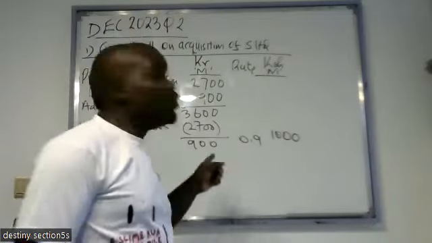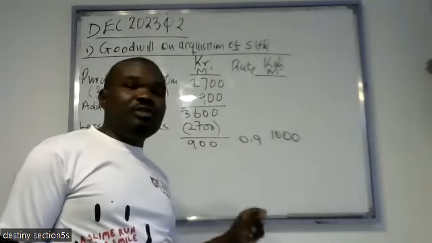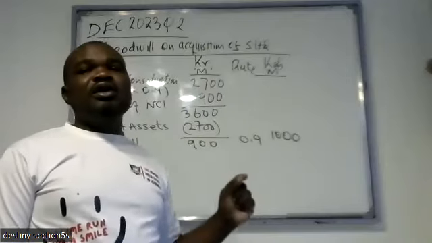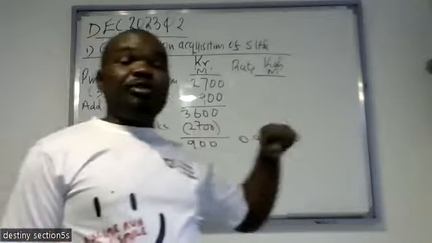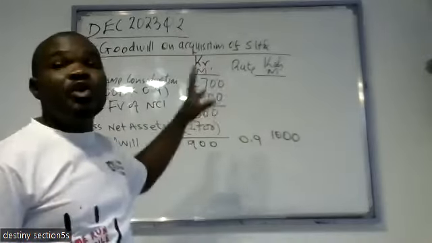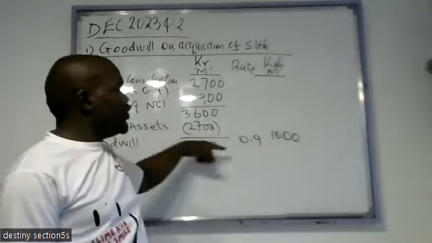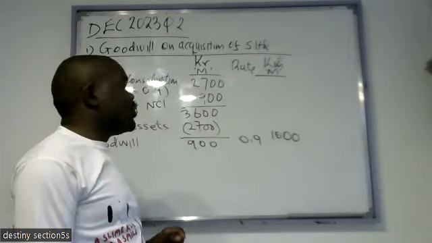And this one was on the date of acquisition. But you see the books will be prepared at the end of the year. So you also need to translate goodwill at the reporting date. You know, what we all know is that goodwill is computed on acquisition. So this goodwill here was by the time the subsidiary was acquired.